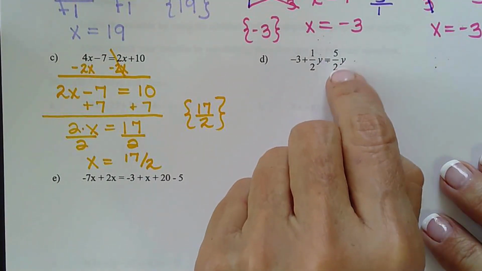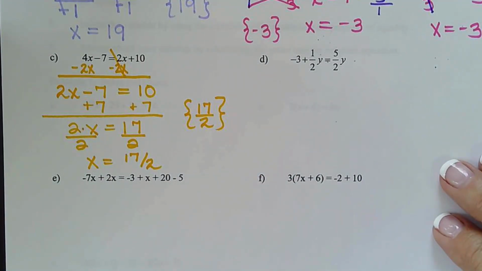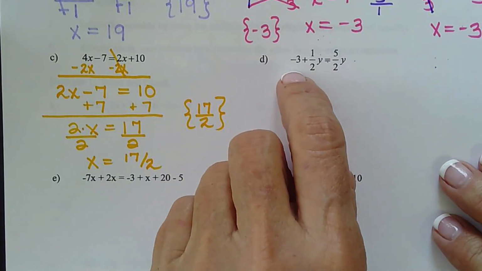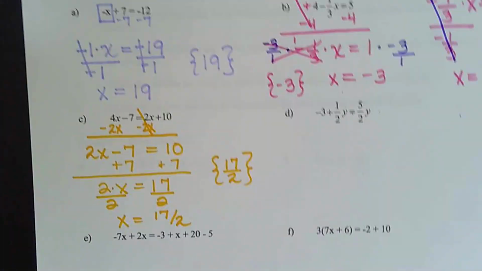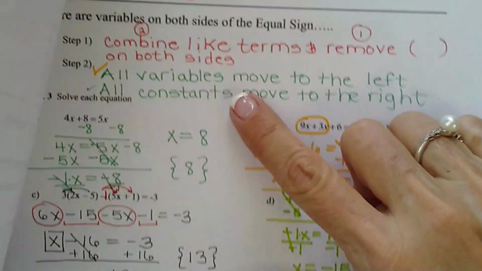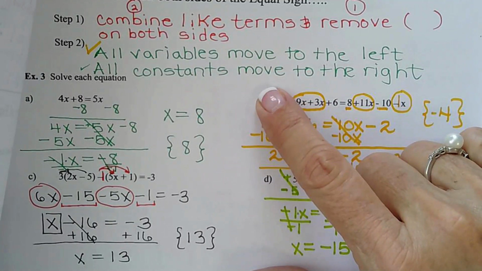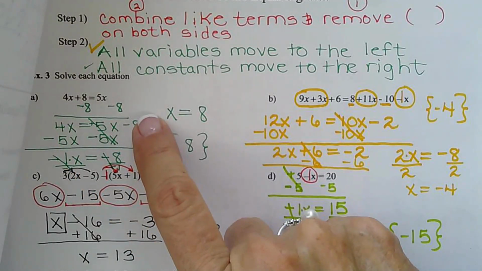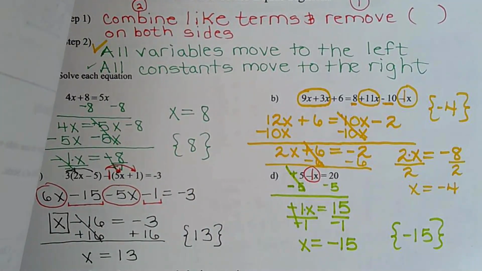But if moving your variable creates a nothing there, you either have to fill it in with 0, or even a better solution would be put your constant on the right first, because I showed you on that other page that it doesn't matter which order you do these. You can do the variable left first and the constant right second, or you can do the constant right just like we did here first and then move the variables so you don't have a blank spot there.